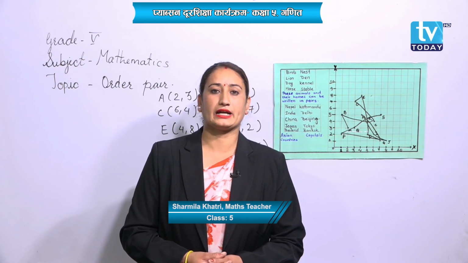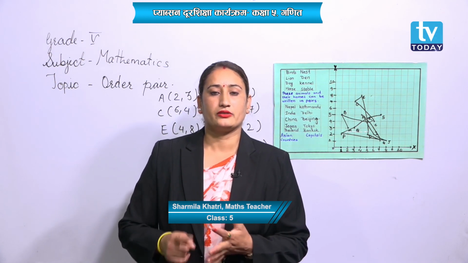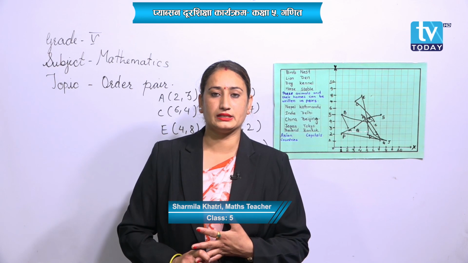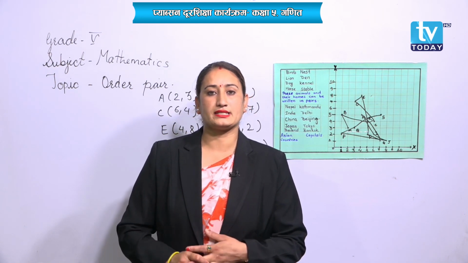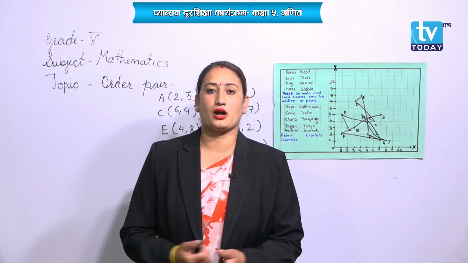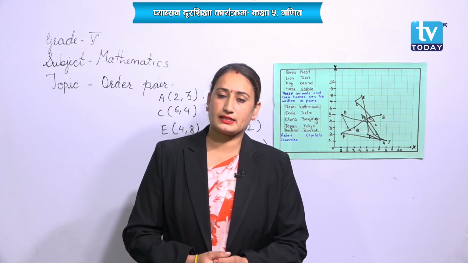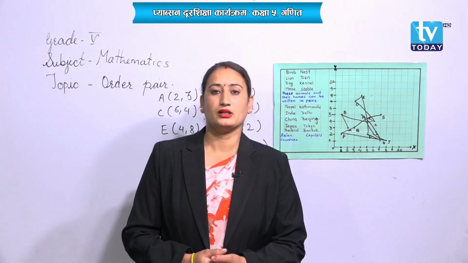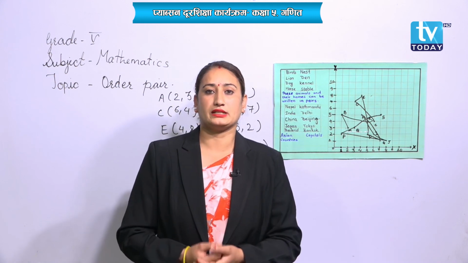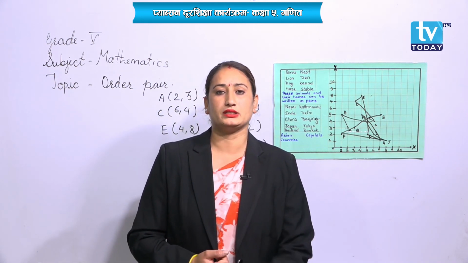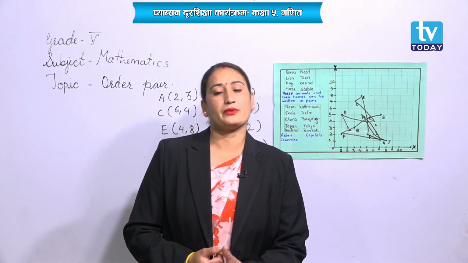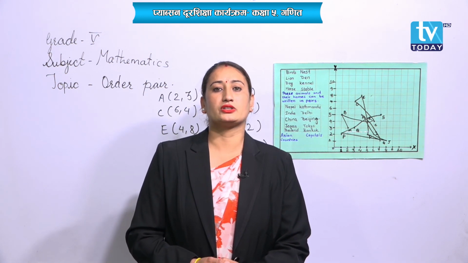So row and column, horizontal line, vertical line, right? Then after, coordinate points, position and their ordered pairs. If you understand this maths, then you will know more about it and you can easily plot the point. So please keep on practicing and have a good day ahead.